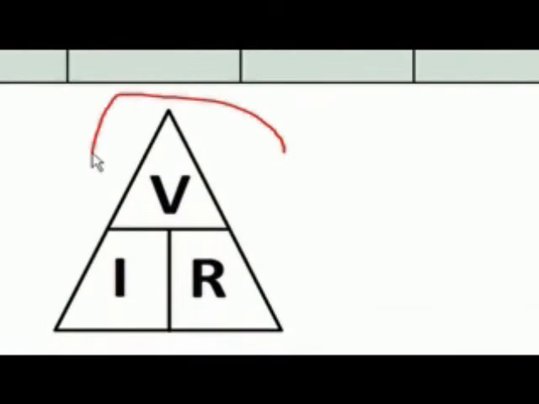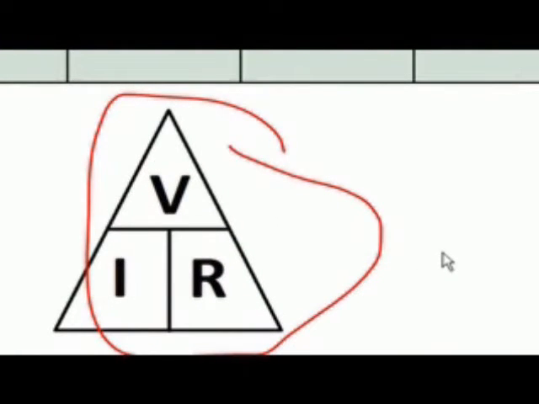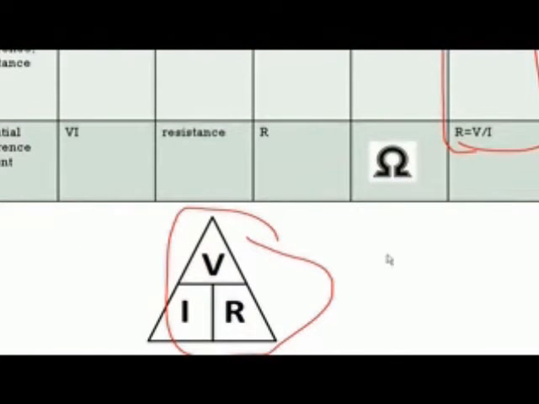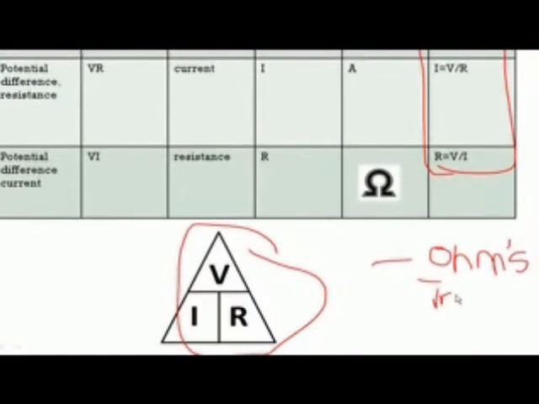As long as you memorize this little chart and you draw it in every test and assignment, you'll be great in this part of the lesson. This simple trick is called Ohm's triangle. It can help you in a lot of cases and can save valuable marks.